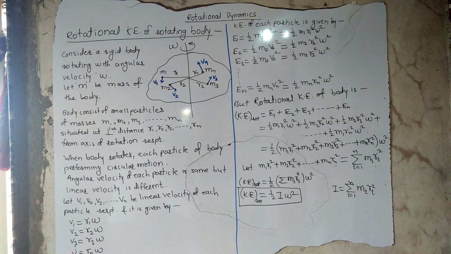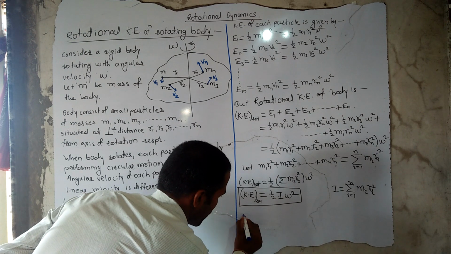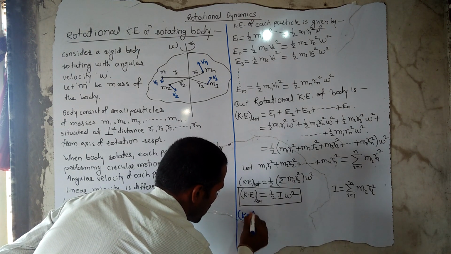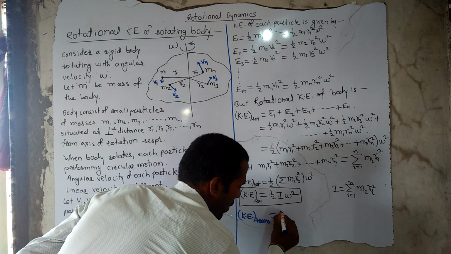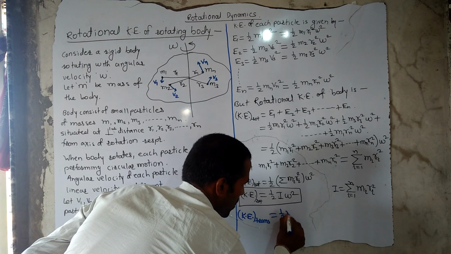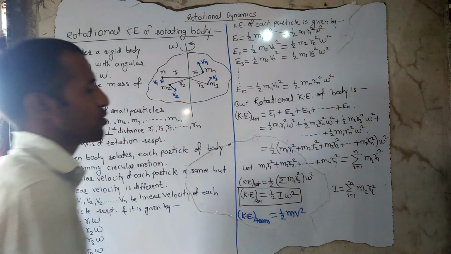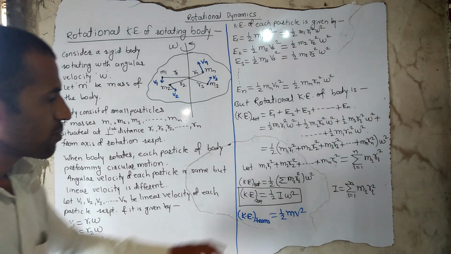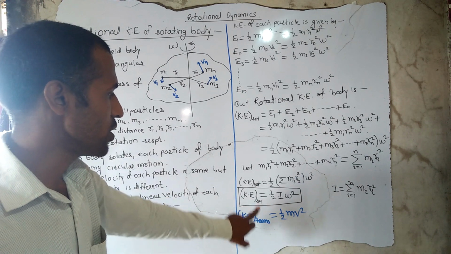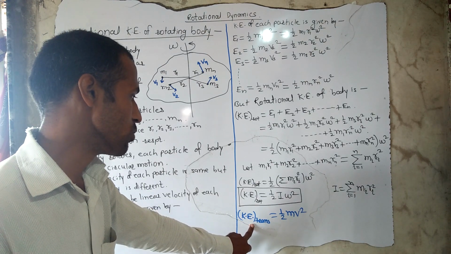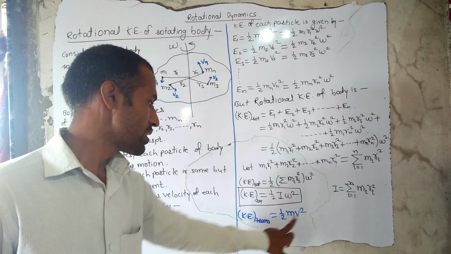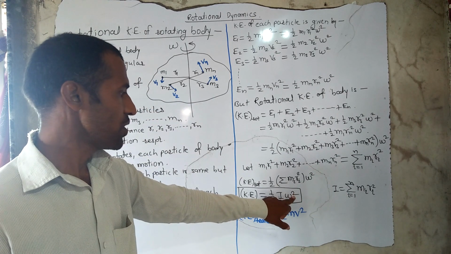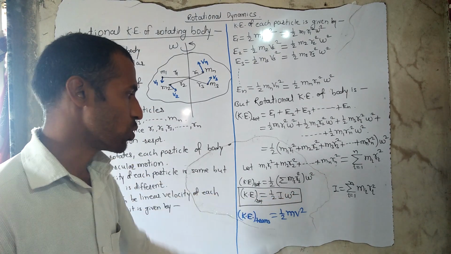But initially, the kinetic energy of a body in translational motion is given by half mv square. If we compare the kinetic energy of a rotating body and the kinetic energy of a body in translational motion, then linear velocity or translational velocity in translational motion is replaced by angular velocity in rotational motion.